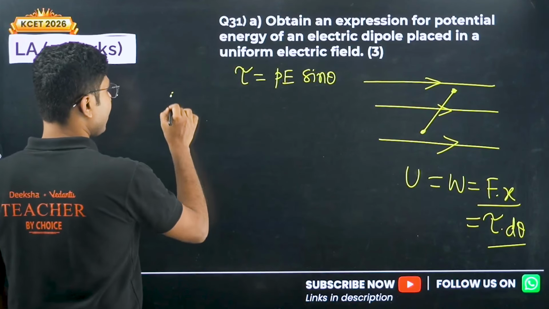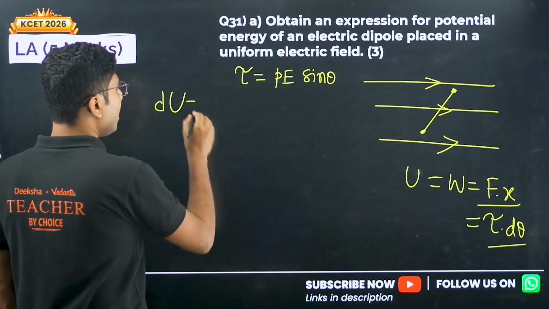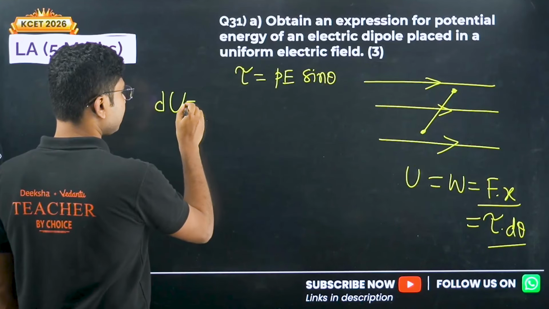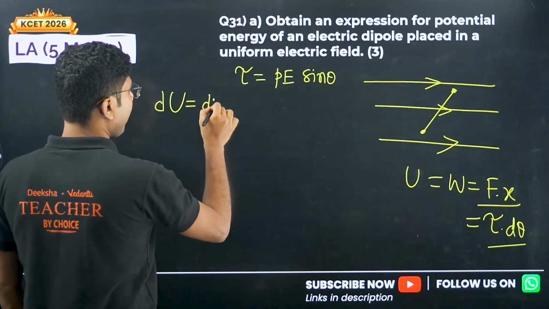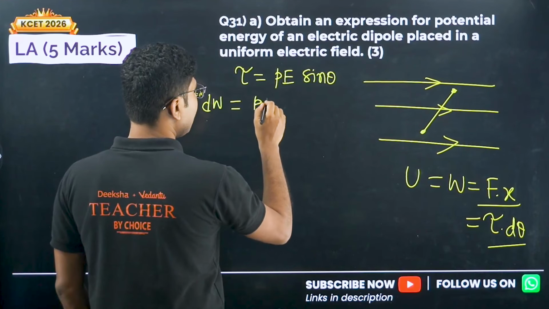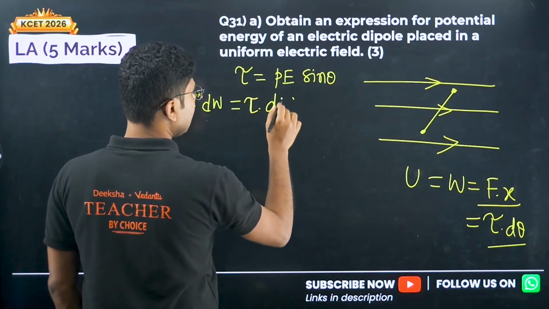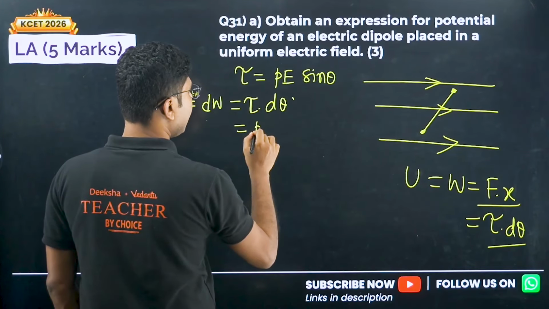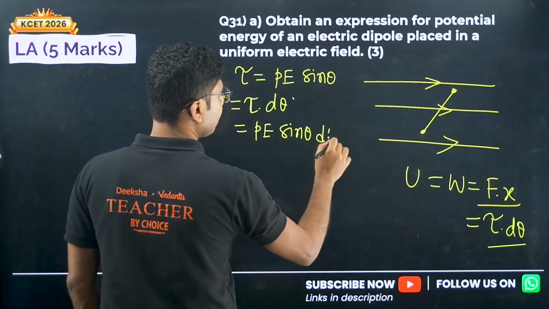So the potential energy is basically, first of all, small potential energy equals small work done, and that is given by torque into d theta, or PE sin theta d theta.